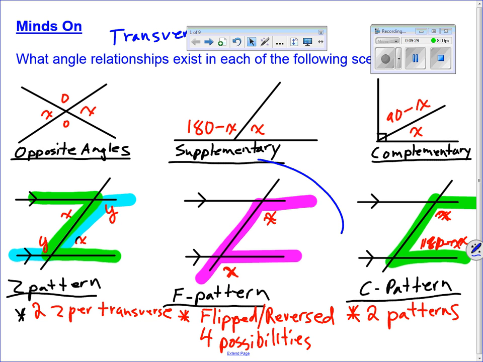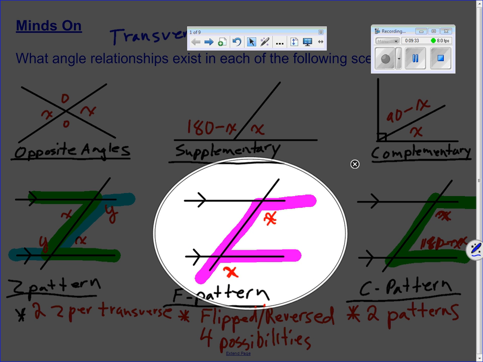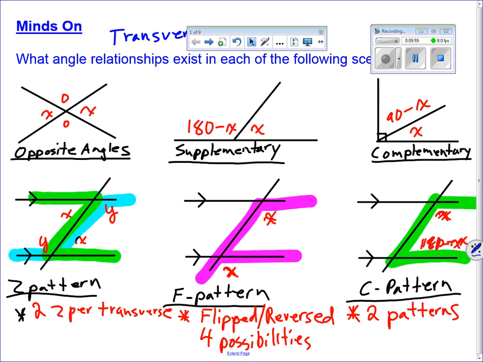Now we also have the F pattern. The F pattern is awesome in the sense that it allows us to find 4 different possibilities. So for example, I got my first F. Then I have another F that's flipped to the left. And then I could have another one that's flipped upwards to the left, and another one that's flipped upwards on the regular F. So we have 4 different possibilities to find our missing angles.